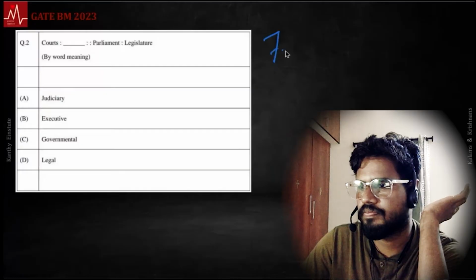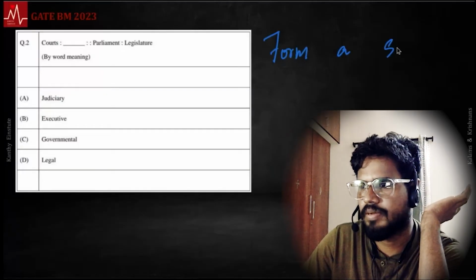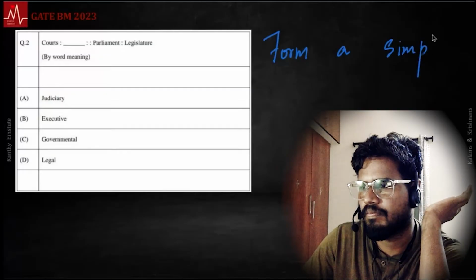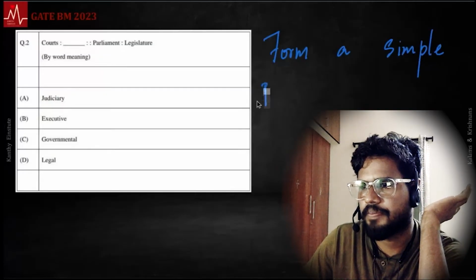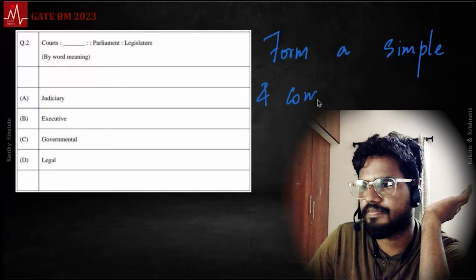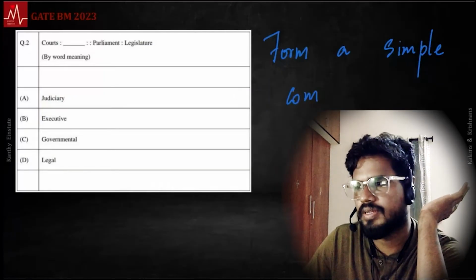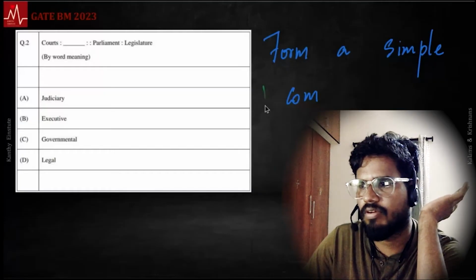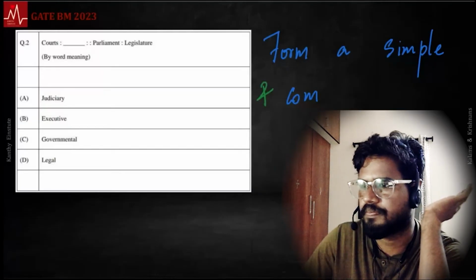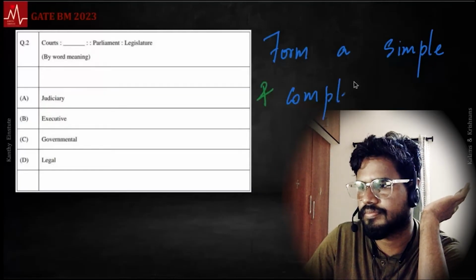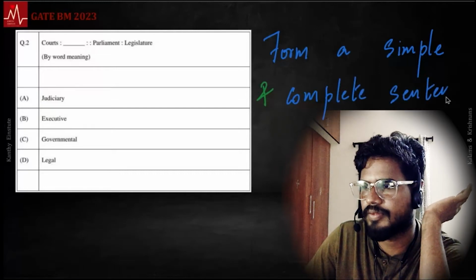This 'and' is very important. The sentence has to be simple. The sentence has to be complete. Form a simple and complete sentence with the full pair that you have.